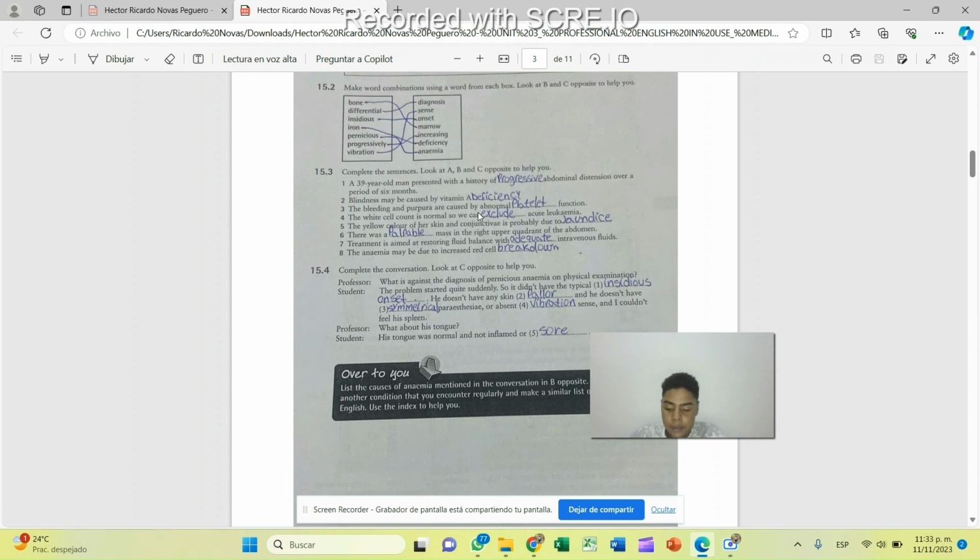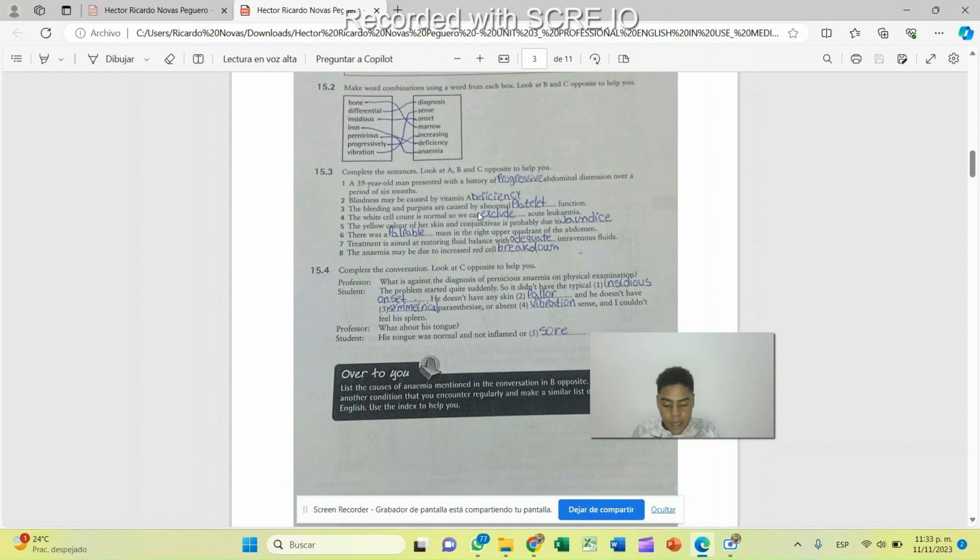15.3. Complete the sentences. 1. A 39-year-old man may present with a history of progressive abdominal distension over a period of 6 months. 2. Blindness may be caused by vitamin A deficiency. 3.